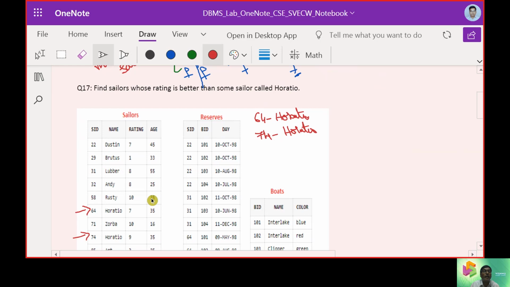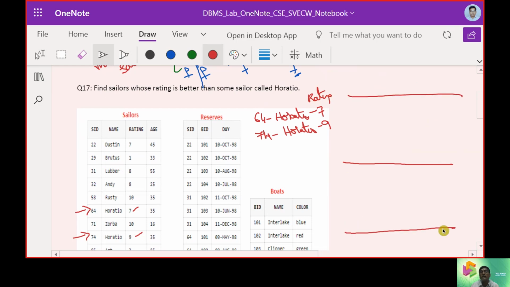The rating of Horatio 64 was 7, and the rating of Horatio 74 was 9. Now we should break it into two divisions, and then make a union operation.